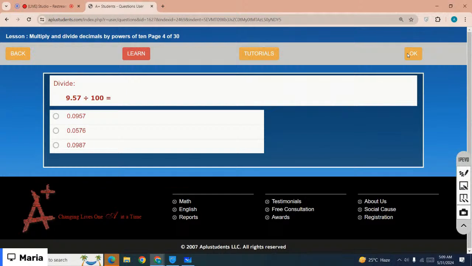So which is the correct option? Option number 1 is the correct option. Very good.